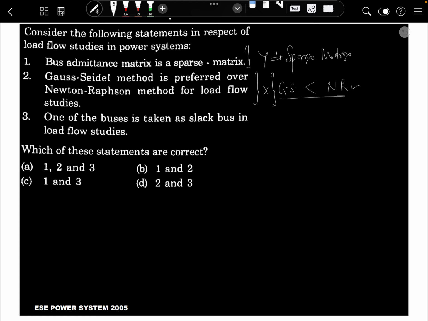Then the third one, one of the buses is taken as slack in load flow, so this is also correct. So the wrong one is the second, so options 1 and 3. Option C is correct, 1 and 3 are correct. I hope you understand this.